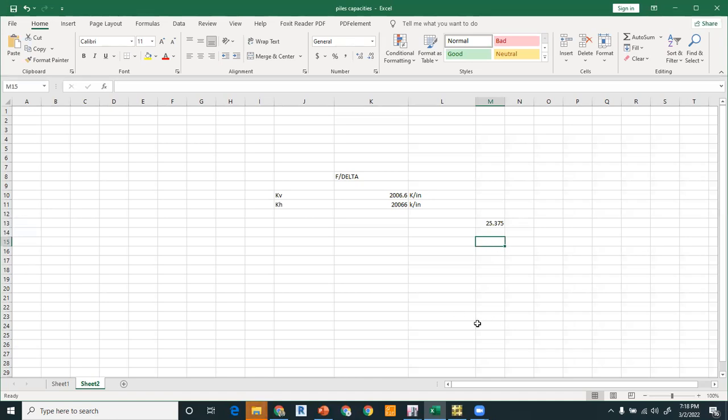But if you design it only for the gravity, it will be 7.6 divided by 0.8, and you need only 10 bars for safely transferring only the gravity loads, right?